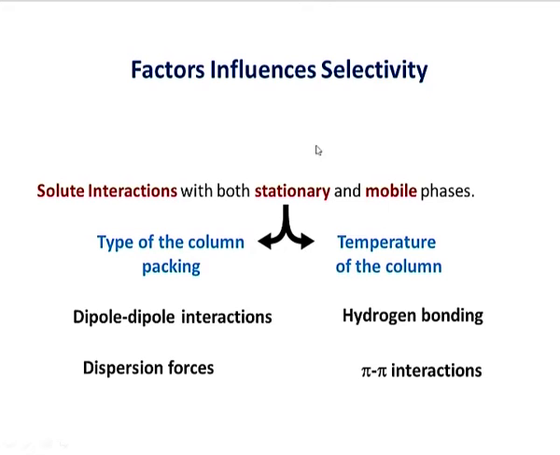So, what can be done on a stationary phase if one needs to control k? These are the two things which can be done. You can select a type of column packing, or secondly, one can select the temperature of the column, which is of more importance in gas chromatography than in any other chromatographic systems.